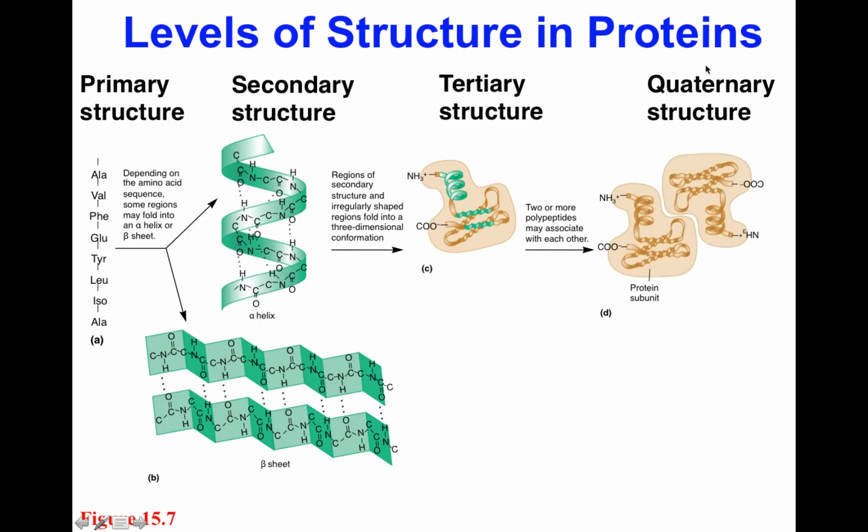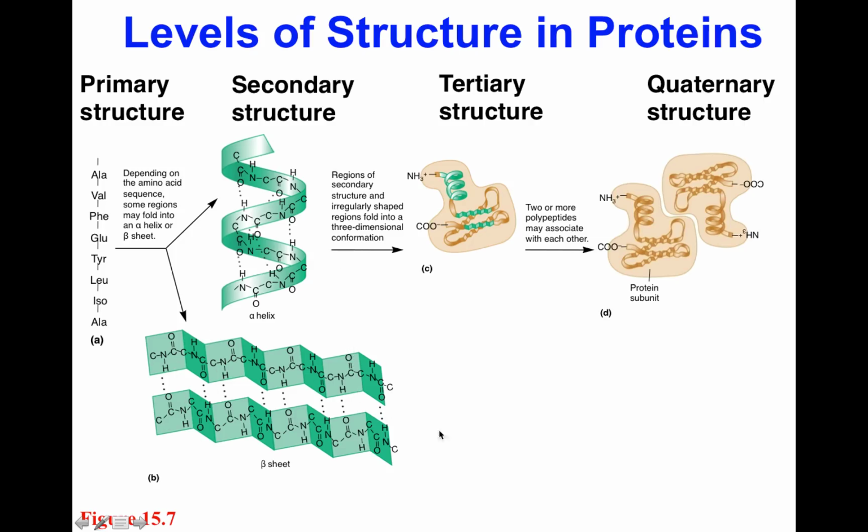There are different levels of protein structure: primary, secondary, tertiary, and quaternary. Primary structure just refers to the sequence of amino acids. The next, secondary structure, is how those amino acids fold up initially, either into an alpha helix, a very common structure, or a beta sheet, also a very common structure.